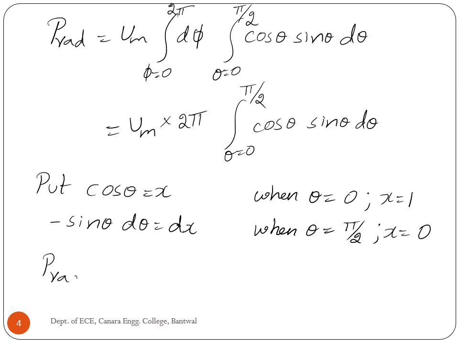Therefore radiated power is equal to 2 pi Um integral from 1 to 0 of x into minus dx.